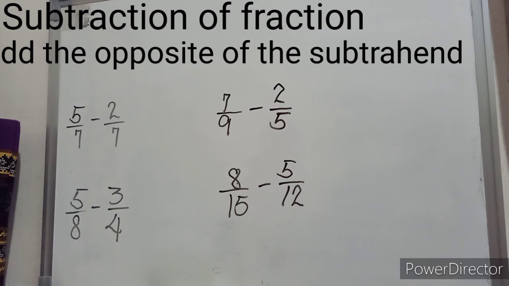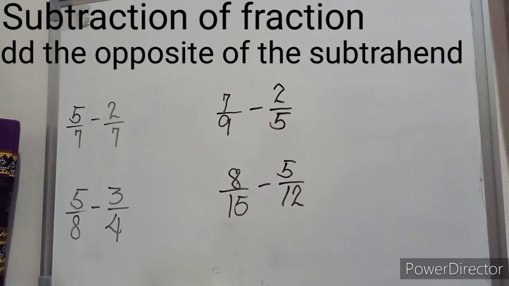Remember that in addition we have what we call similar fractions, and because we are going to add the opposite of the subtrahend, we still need to consider similar fractions. Our example number 1 then is an example of similar fractions.